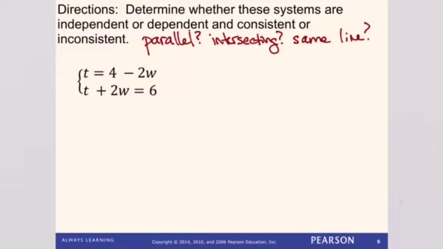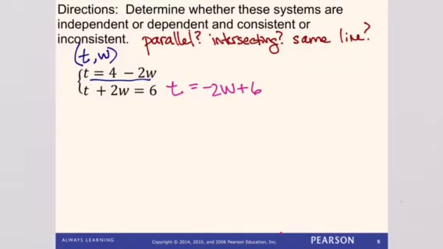We're going to assume that this is t and w because we usually use alphabetical order when we list variables. Okay? So, the first equation is already done for us. It's t equals. And the second equation, we're going to subtract 2w from both sides. Okay, and we get t equals negative 2w plus 6.